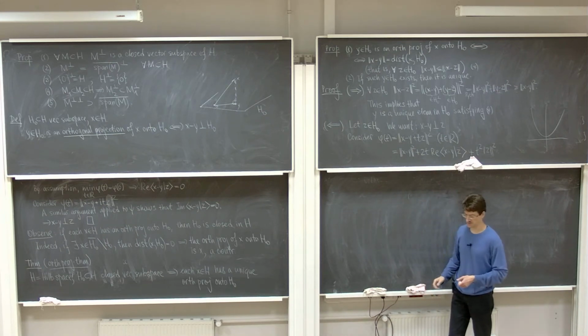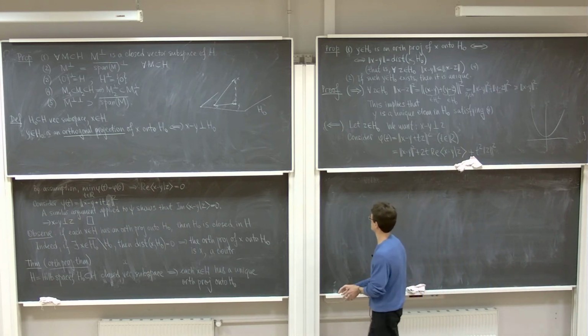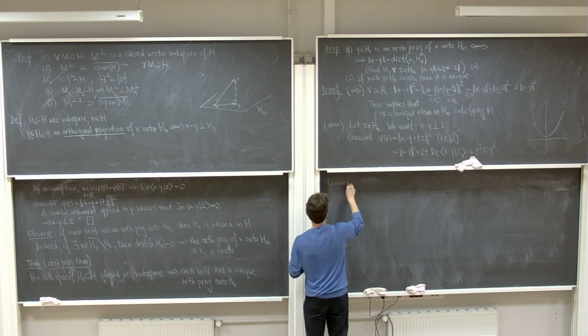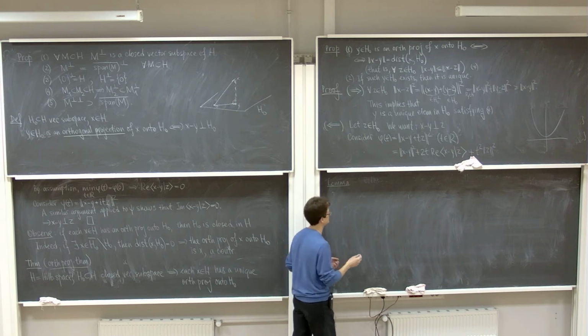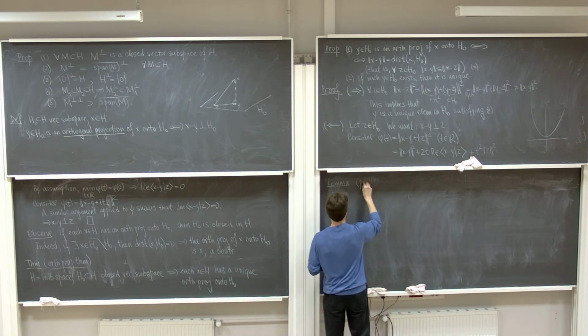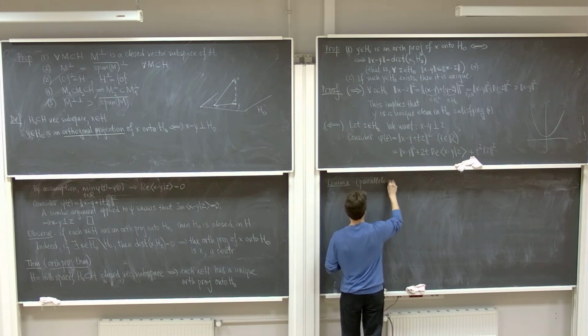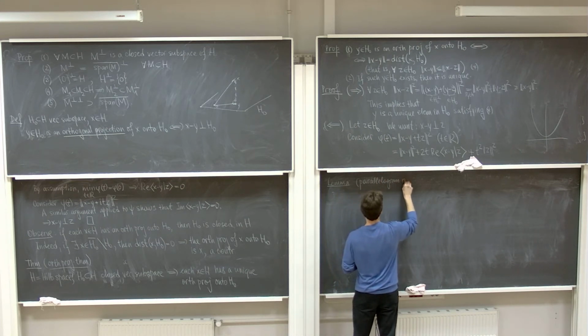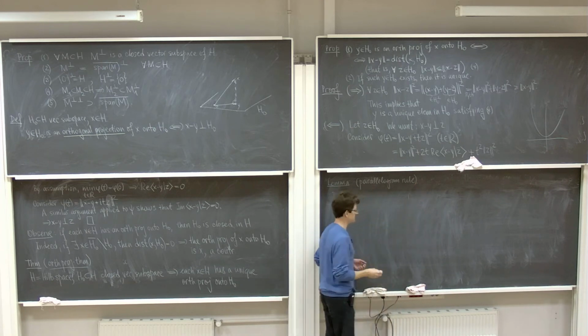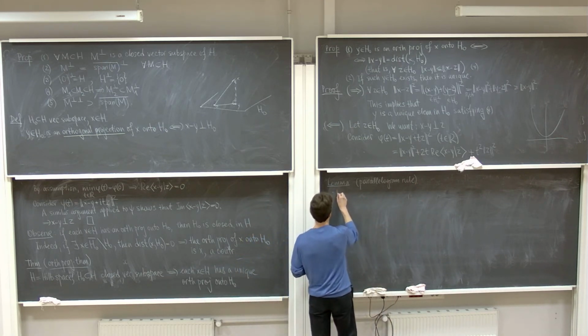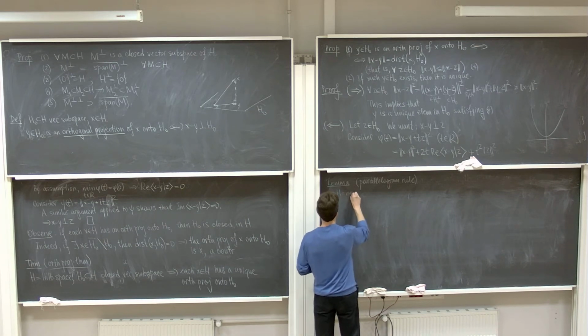To prove this result, we need a simple lemma. The so-called Parallelogram Rule. This is a simple identity which holds in any inner product space. H is an inner product space.